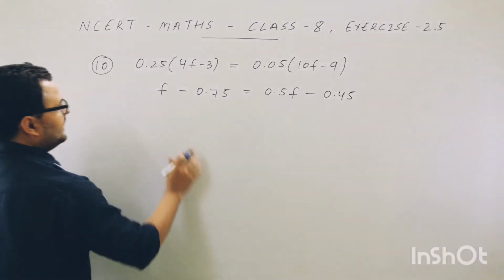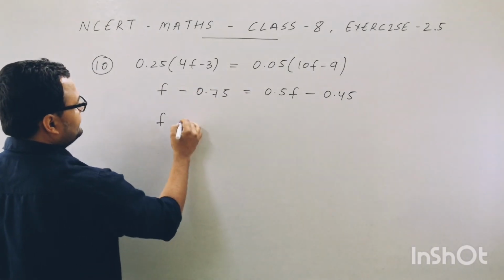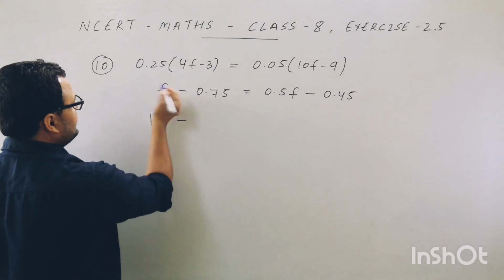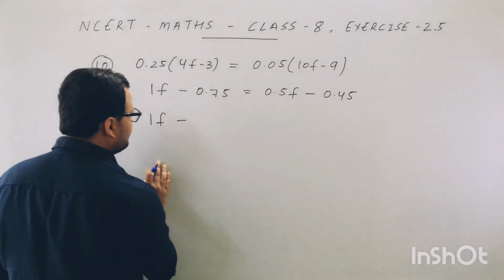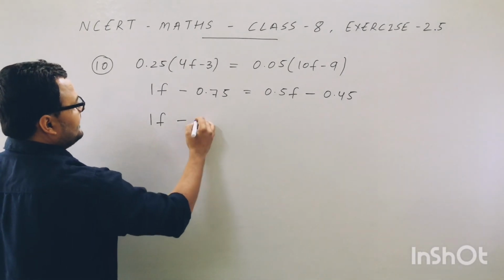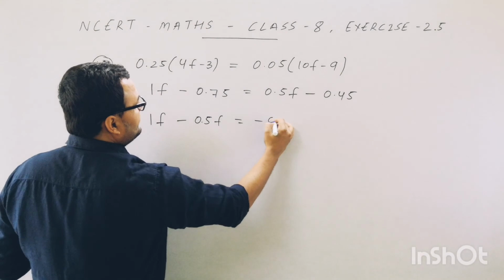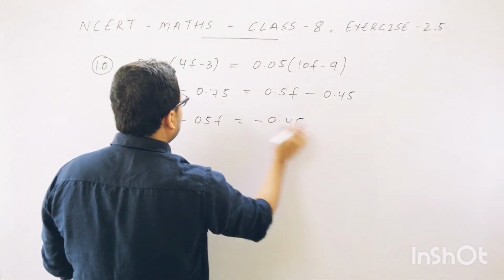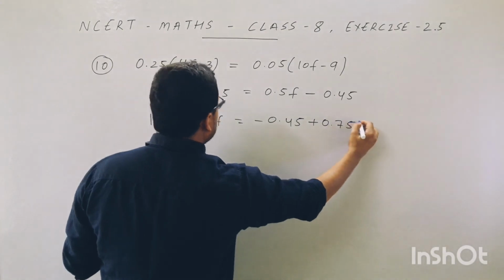Now f we have, this will come this side. So f means simply you can write it as minus 1f. No constant means we are going to take it as 1. So 1f minus 0.5f equal minus 0.45. This minus will come this side, so plus 0.75.